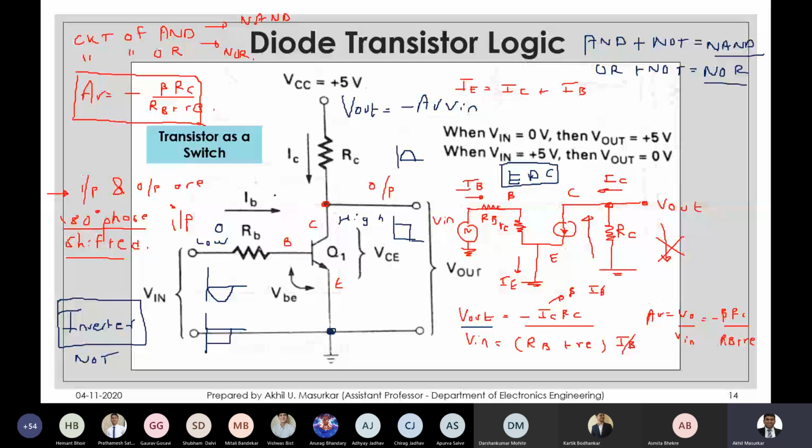So if you model the circuit as a two-port network, here the current flowing inside will be IB, the current flowing here would be IC, and the current flowing here would be IE. Here you have input voltage as VBE, output voltage as VCE.